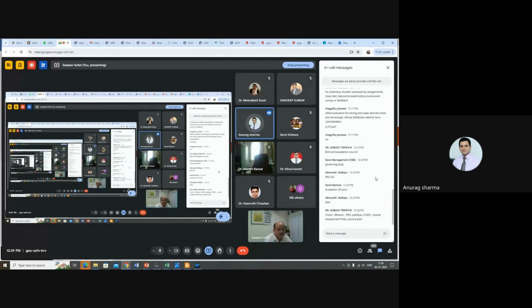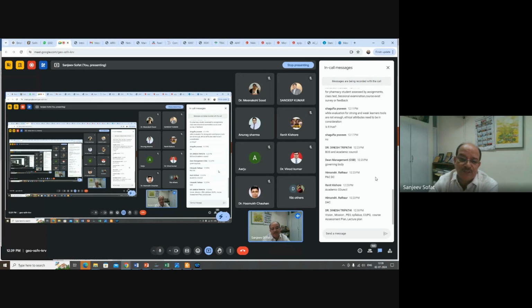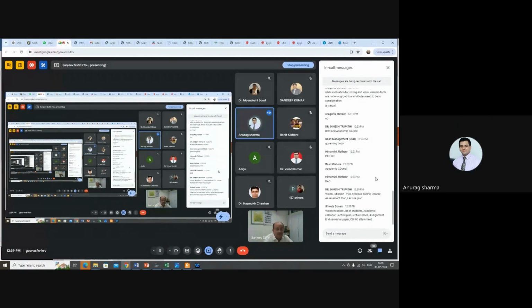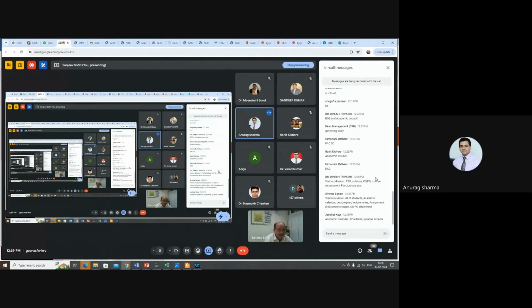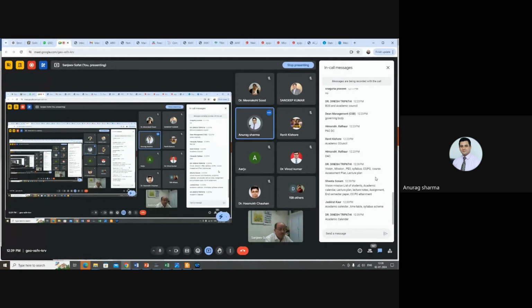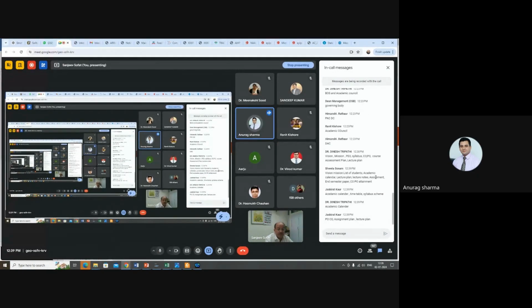Sir, can I elaborate what can be in the course files? Yeah, both modes are fine. You can elaborate. In the course file, there can be the vision and mission of the department, then the list of the students, then the lesson plan or session plans, then sample assignments, mid-semester examination samples, then tests and samples and solutions, quizzes samples and solutions, best and worst mid-semester examination copies.